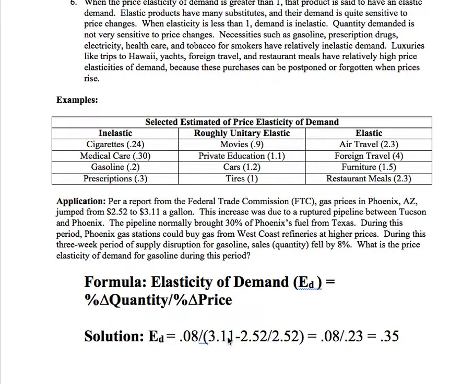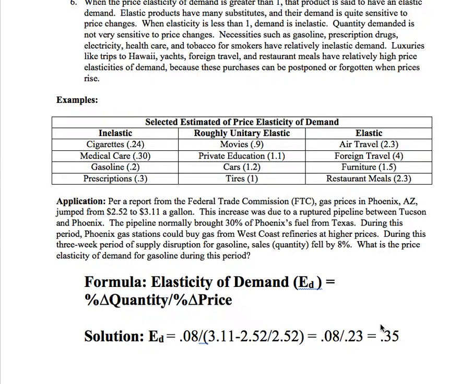So $3.11 minus $2.52, divided by $2.52 in our denominator, gives us 0.23. So we know that the change in quantity demanded fell by 8%, and the percentage change in price went up by 23%.